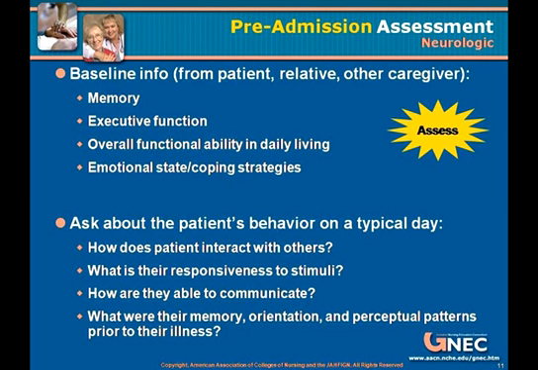So we want to know what their level of communication ability was before hospitalization so we can best help them to communicate around the tubes and other impediments to communication.